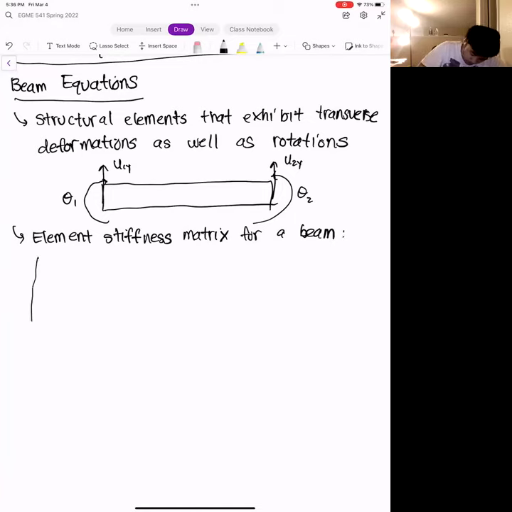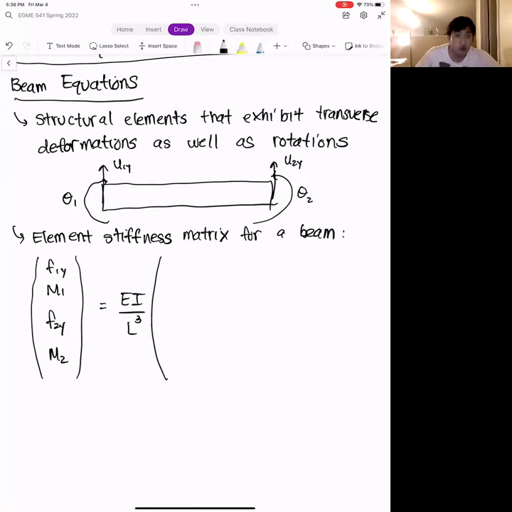Okay. And so it is a 2x2 matrix, or excuse me, a 4x4 matrix. Okay.